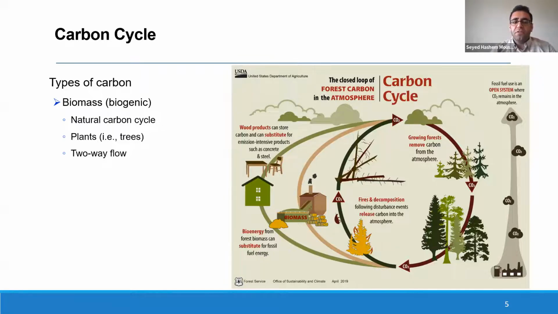And actually, what we are talking about right now is biogenic carbon. This is the natural carbon cycle in the plants. And as you see, carbon is being stored in the plants, in the trees. Then it goes through different pathways. If there is fire or decomposition, it can be released to the environment immediately.